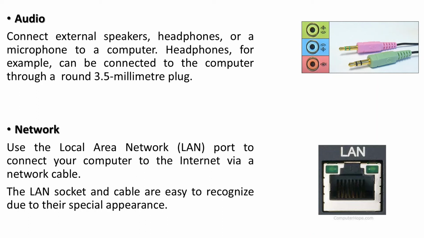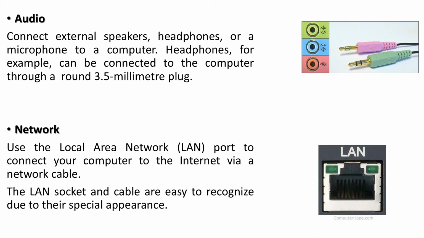Okay, next is the network connections. It is also referred to as a LAN port, which is used to connect the computer to the internet via a network cable. So if I want to connect my PC to a network, I need this particular port. The LAN socket and cable are easy to recognize due to their special appearance.